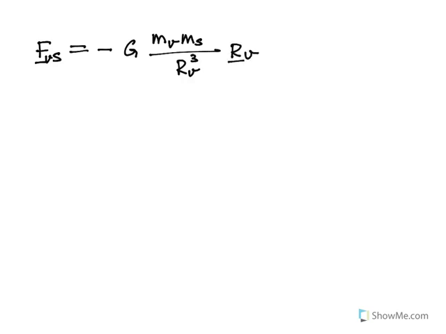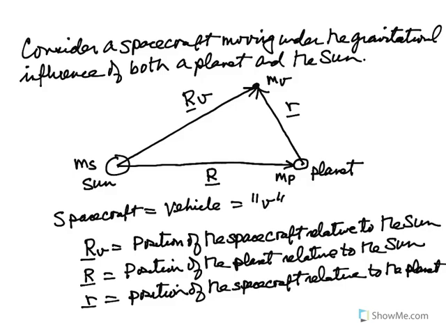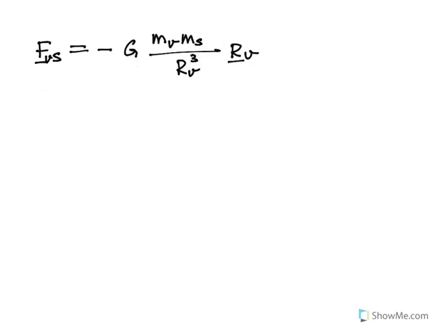The first is that the force exerted by the sun on the spacecraft is equal to minus G times the mass of the spacecraft times the mass of the sun, all divided by R_v cubed times R_v. That's because, looking back at the diagram, the position of the spacecraft relative to the sun is the vector big R_v, and its magnitude is the scalar R_v without the vector. So that's the first force.